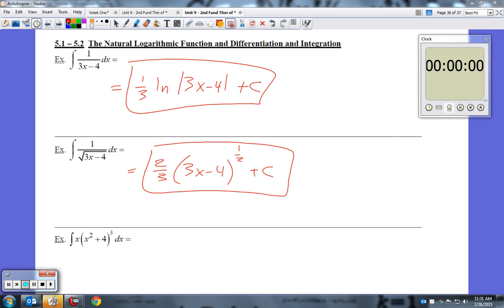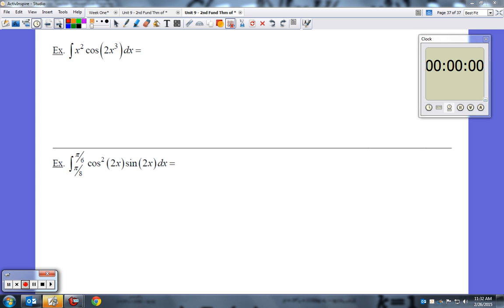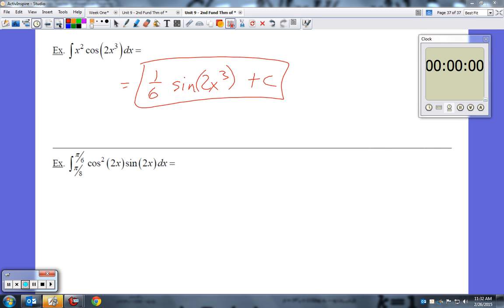Next one came out to (x squared plus 4) to the 4th power over 8 plus C. This one came out to 1/6 sine of 2x cubed plus C. And the last one simplifies to root 2 over 24 minus 1 over 48, or combined, root 2 minus 1 over 48 units squared.